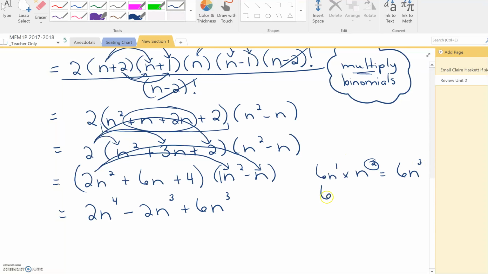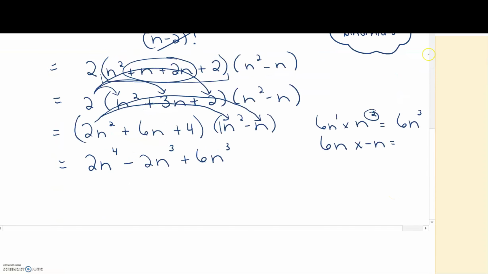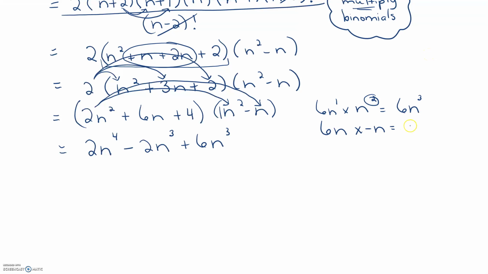Okay, and now we're going to do 6n times negative n. It'll be close to 6, but what number's in front of n? Minus 1, so minus 6. And what about your n's? Squared. So, minus 6n squared.